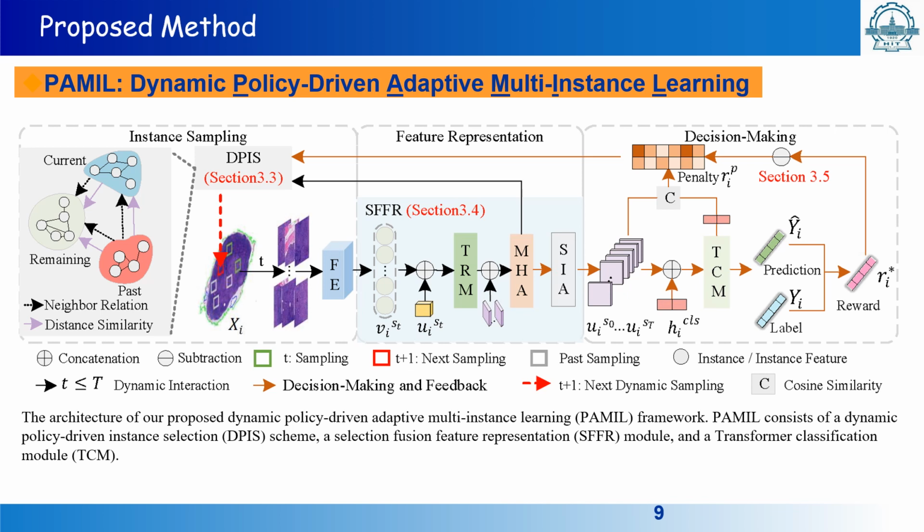Then, SFFR takes the feature vectors and an initial token as inputs, refining the token by using a transformer module (TIM) and a multi-head attention (MHA) mechanism to fuse the current token with past tokens. Meanwhile, we introduce a Siamese (SIA) structure between adjacent tokens to enhance the robustness of tokens. Finally, TCM uses a class token to aggregate all tokens for inferring the bag label probability of WSI, providing feedback as reward and penalty to the DPIS.